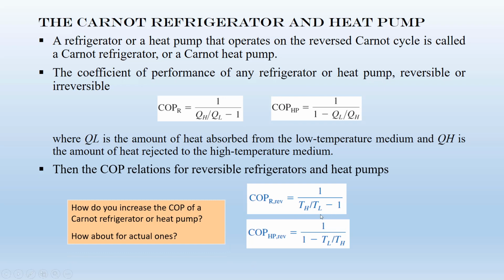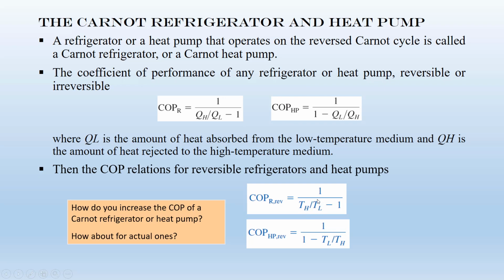So for this equation, guys, for the COP of the refrigerator, what happens at constant TH if you increase the TL? If you increase the TL at constant TH, this term decreases. Keep in your mind that the TH is higher than the TL, so normally this term is higher than 1.